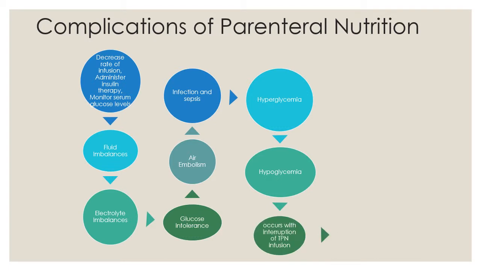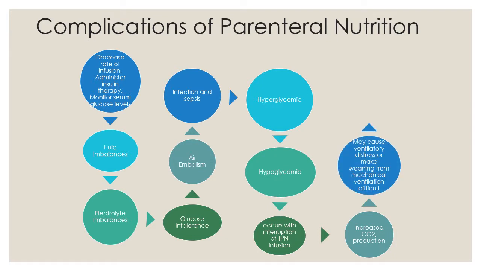Hyperglycemia and hypoglycemia can occur with the interruption of TPN infusion. There can be an increased CO2 production. It may cause ventilatory distress or make weaning from mechanical ventilation difficult.